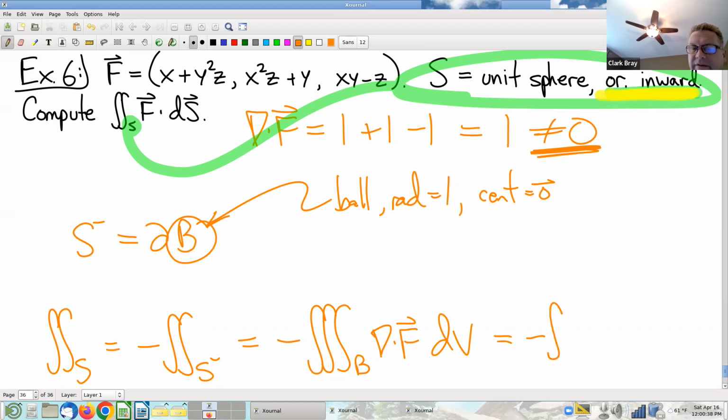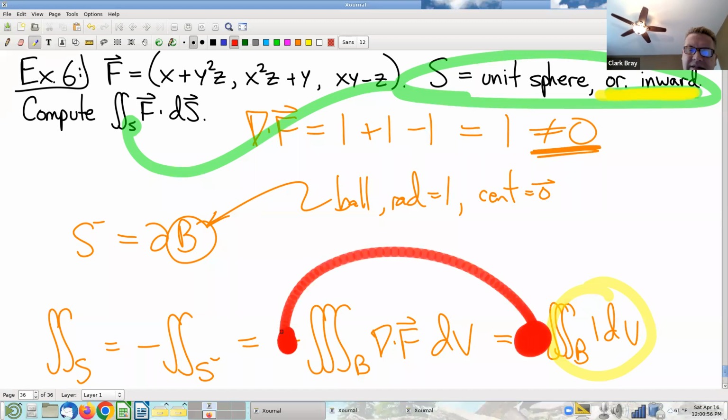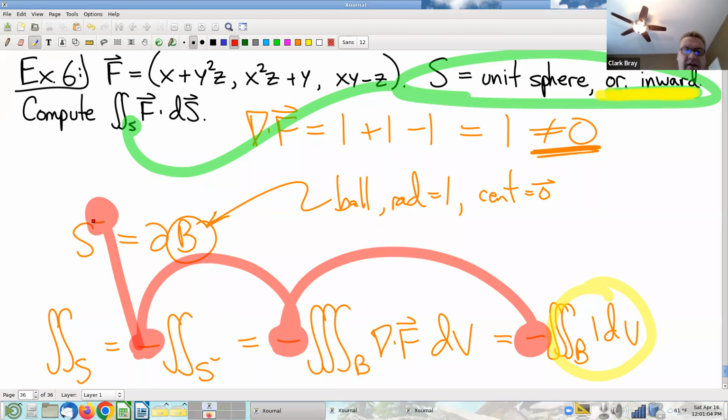So I have a negative triple integral over the ball of 1 dV. And now this is an easy geometry problem. We know the volume of the ball, an easy integral, and the flux we're interested in is the negative of that. Again, don't forget that this minus sign carries through from the original minus, because the boundary is oriented opposite of the surface that we're actually getting. So there you go. That one works out pretty nicely.